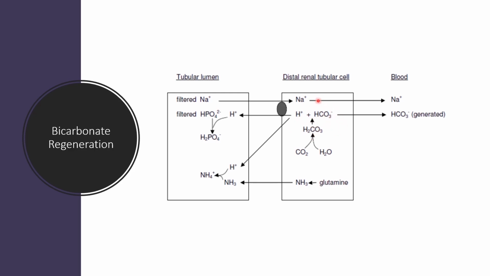And then this newly generated bicarbonate is supplied back into the body to mop up either excess hydrogen ion that is causing the acidosis, or to improve the amount of bicarbonate in the blood in order to ensure that the acid-base balance of the body is maintained.